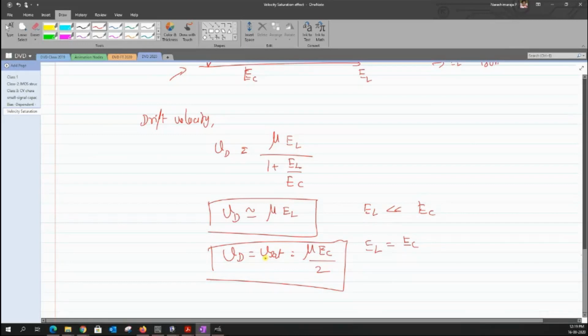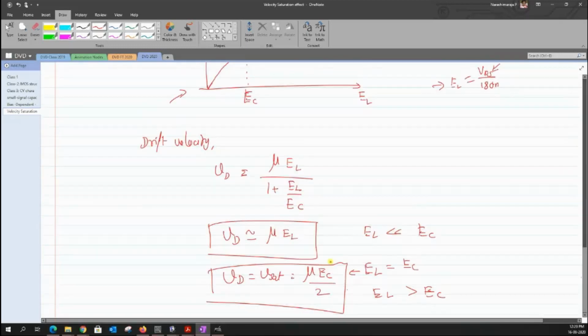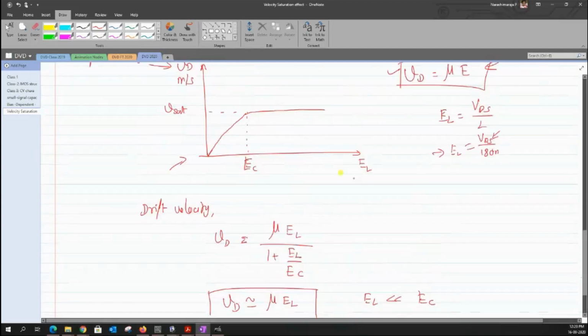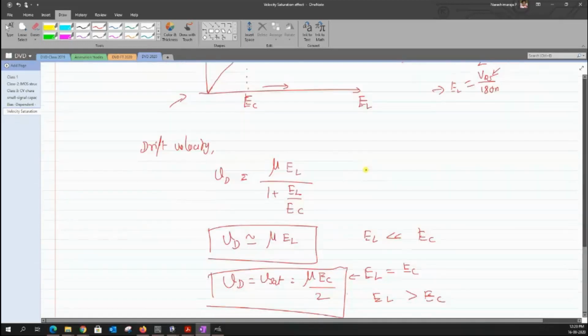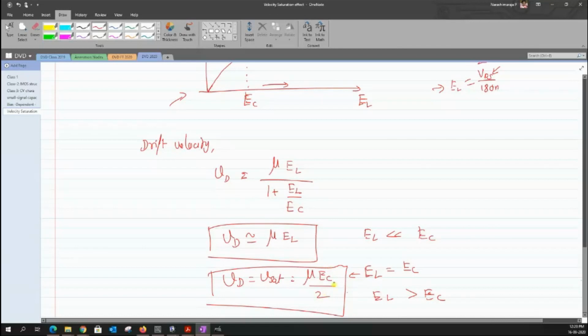Our velocity saturation is given by this particular expression, and this is valid even for electric field that is greater than the critical electric field. It stays constant, and that constant value is evaluated based on this substitution. We are keeping this as EC, and what we are plotting is with respect to EL. So any further increase in the value of the lateral electric field, this quantity will be a constant term.